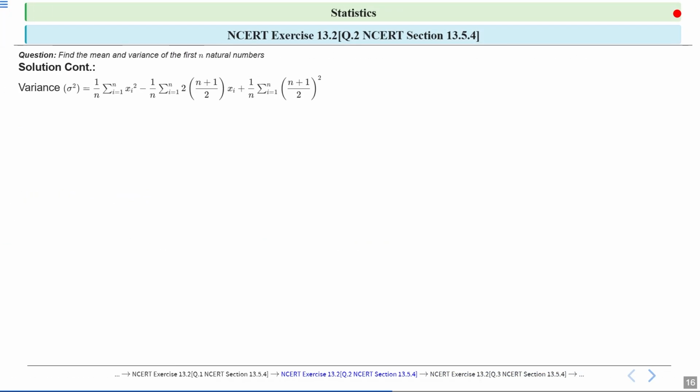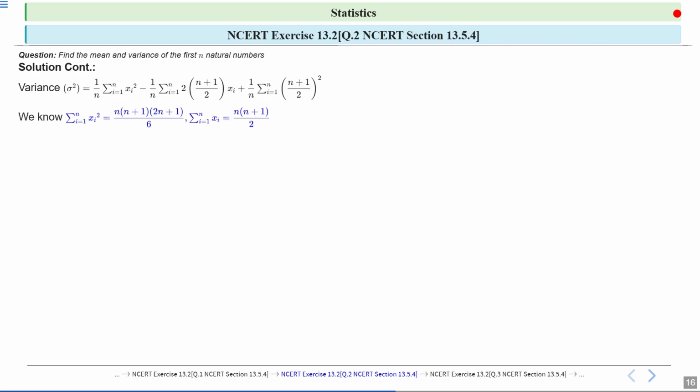Now let's start by writing the formula for variance for a set of numbers x1, x2 up to xn. The variance sigma square is given by 1 divided by n times the summation from i equal to 1 to n of xi square, minus 1 divided by n times the summation from i equal to 1 to n of 2 times (n plus 1) by 2 times xi, plus 1 divided by n times the summation from i equal to 1 to n of ((n plus 1) by 2) whole square.